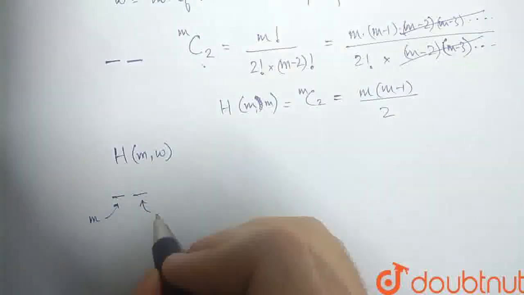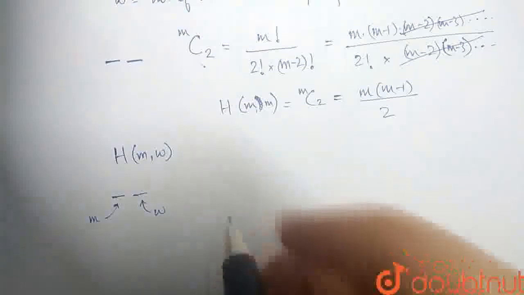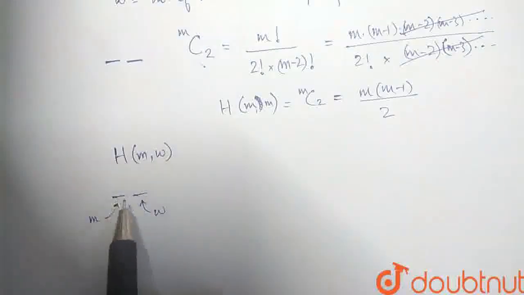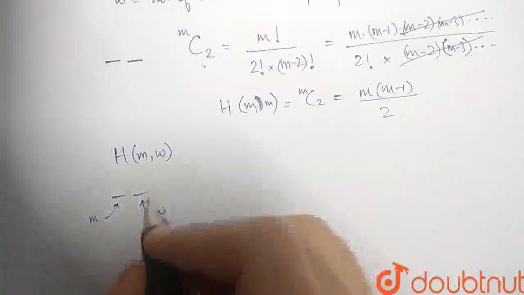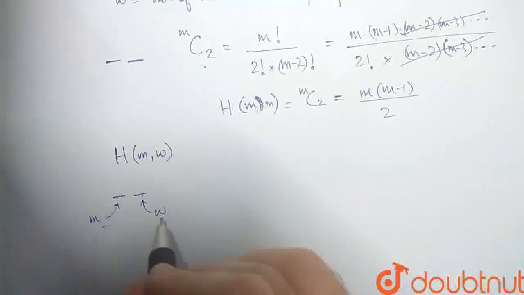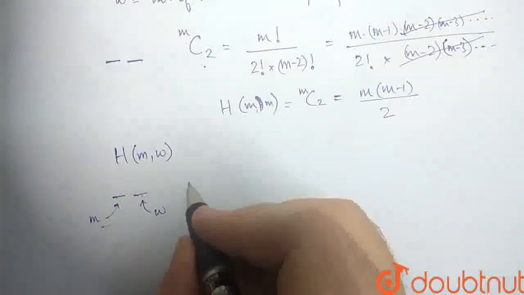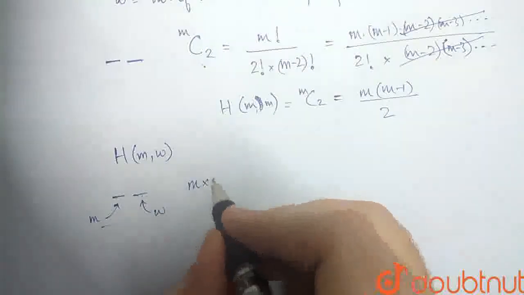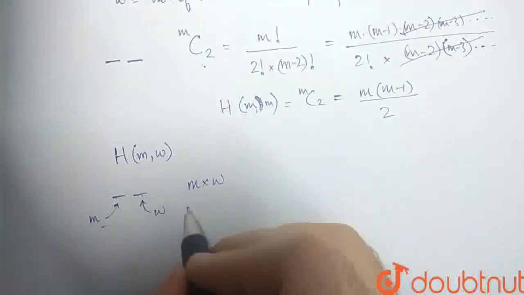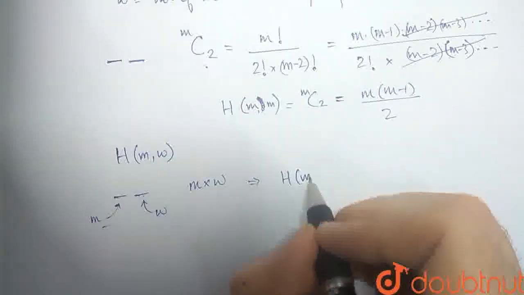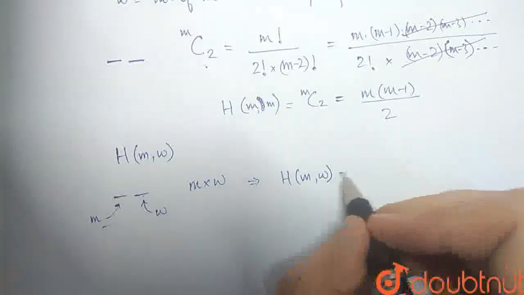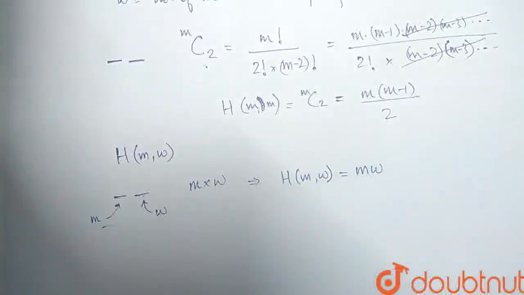And on the right-hand side we have W options. Now the order does not matter, which means W on the left and M on the right is the same as this combination here. That's why we are taking just one. So the total number of options here is M times W, which means H of M comma W, the number of handshakes, is MW.